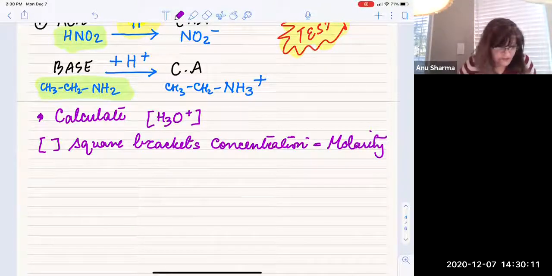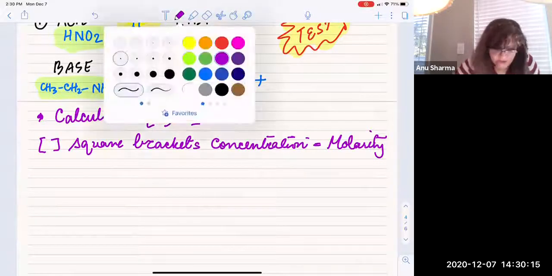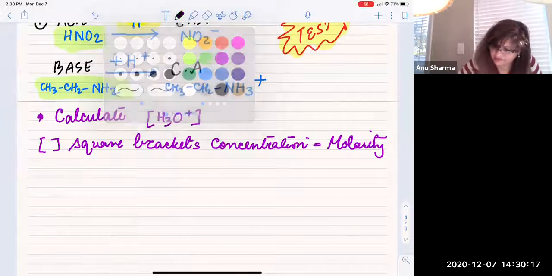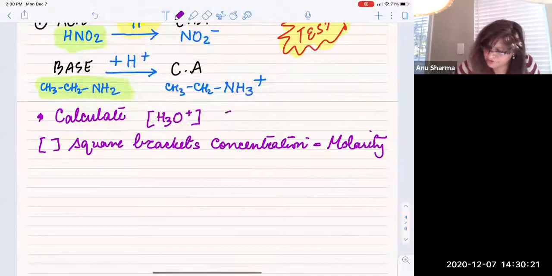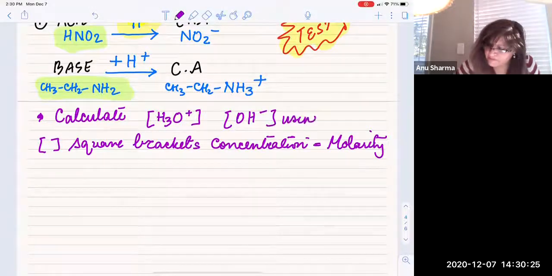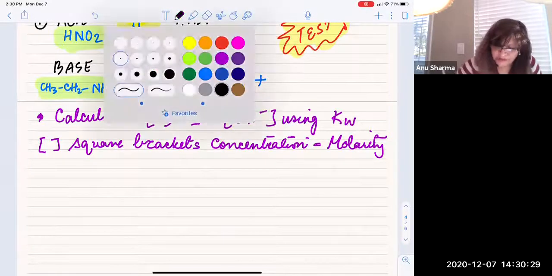Now let's look at this question, 11.38, or the OH ion concentration using the Kw equation, okay? So let's do this problem here.